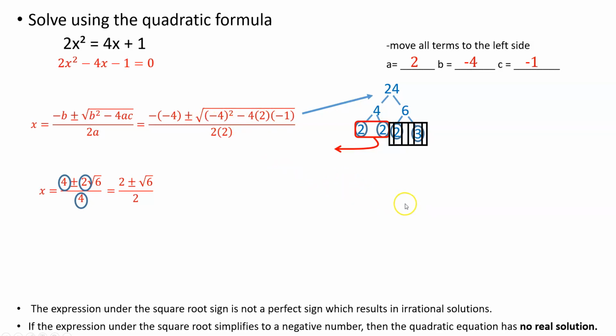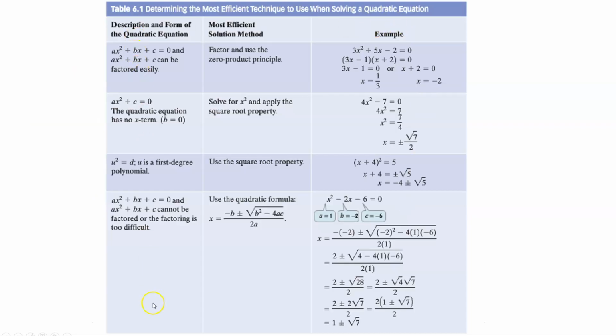Okay? Now, this page of your notes tells you the most efficient technique to use when solving a quadratic equation. I will tell you that if you can factor it, go ahead and factor it. Factoring isn't going to work for everything.